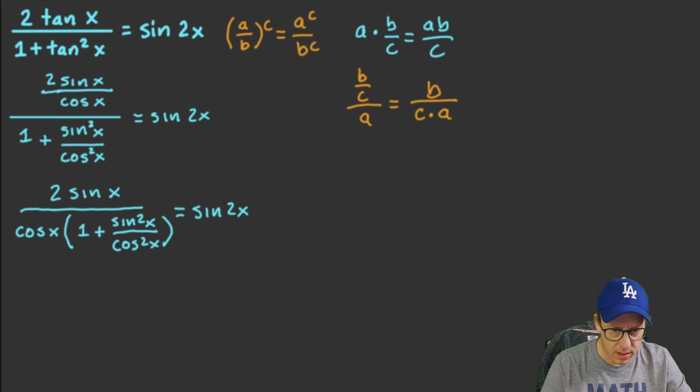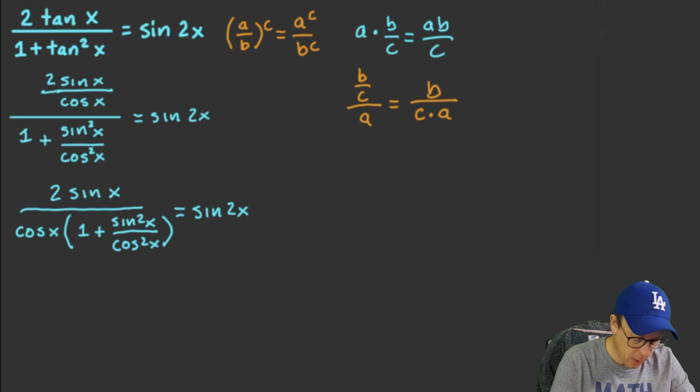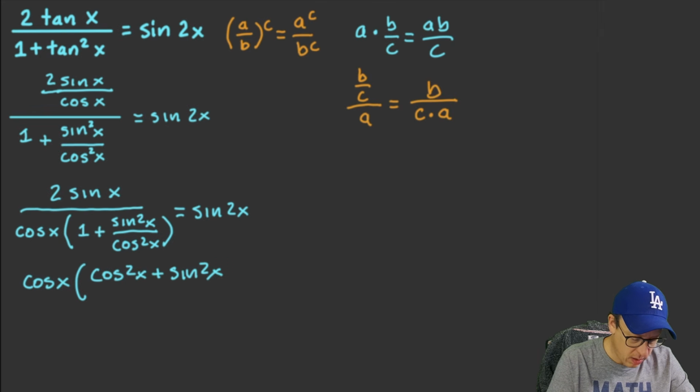So we want to get this guy and multiply that through. Well, we can go and get rid of that sine squared, and so this is going to then be equal to cosine x cosine squared x plus sine squared x over cosine x.